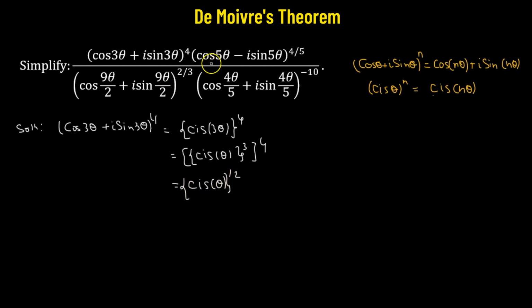Then we will begin with the other expression, which is (cosine of 5 theta minus iota times sine 5 theta) whole raised to the power of 4 over 5.